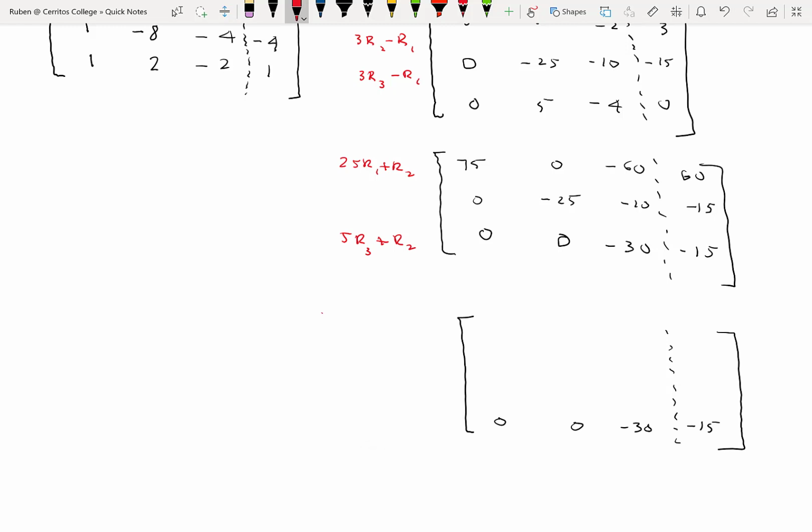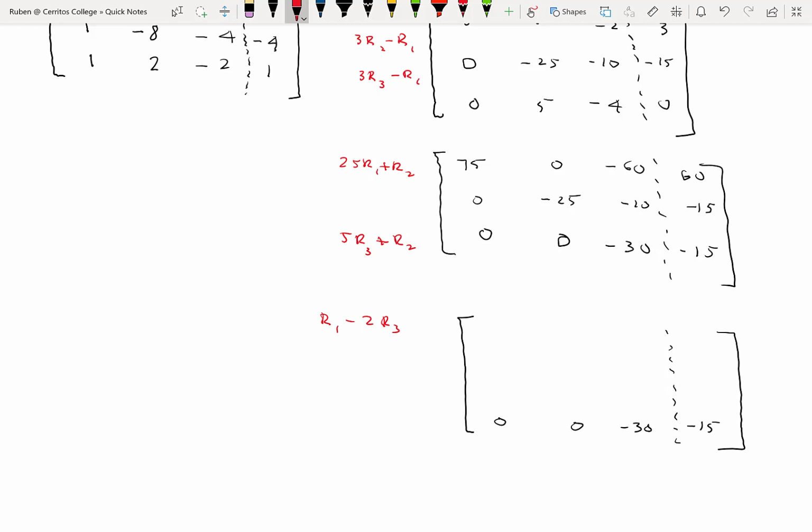Well, I'm going to be operating on row 1, and I'm going to subtract 2 row 3s. Negative 60 is in row 1. Minus 2 times negative 30, that's 0. Okay. Now how am I going to get rid of that negative 10 above the negative 30? I'm going to do a similar thing.